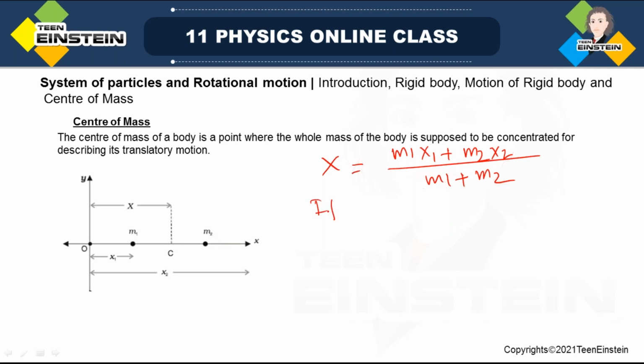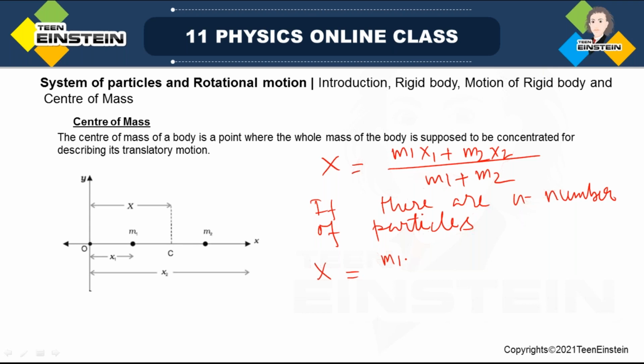So if there are n number of particles with their corresponding position coordinates, and suppose all of them are on the same axis, then look what we can write.